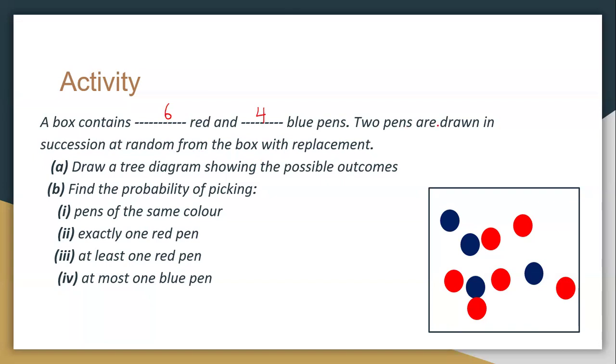They are telling us 2 pens are drawn in succession at random from the box with replacement. With replacement means that we are going to put back our balls after every pick. Whenever you draw a pen from the box, you put it back.